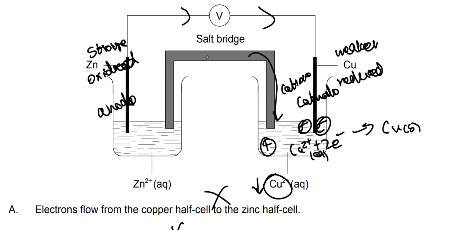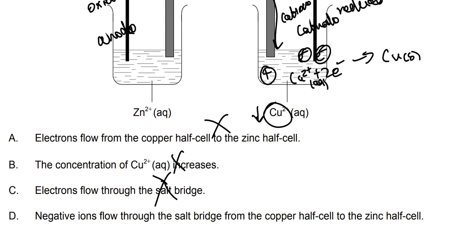And here, since we have zinc 2 plus being formed a lot, because zinc is being oxidized, the movement of anions is going to neutralize this super positive charge with some negative charges. So it keeps things balanced. So negative ions flow through the salt bridge from the copper half cell to the zinc half cell.